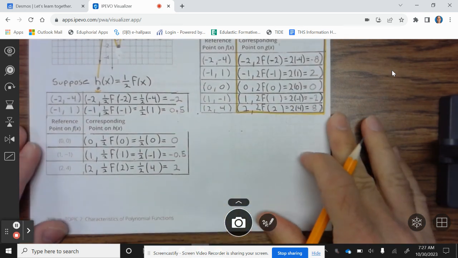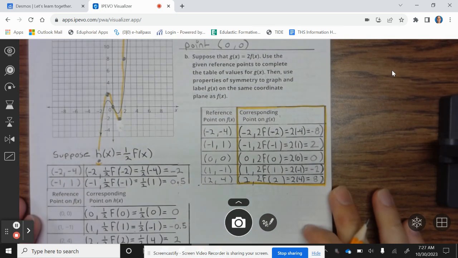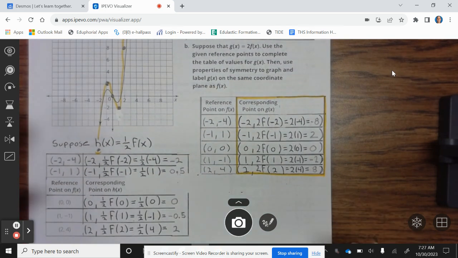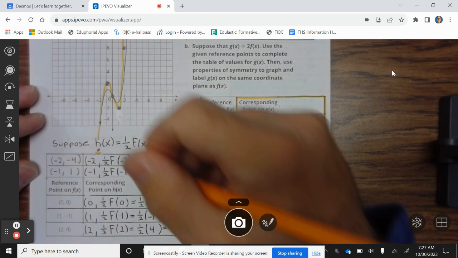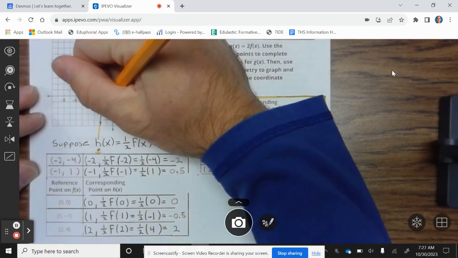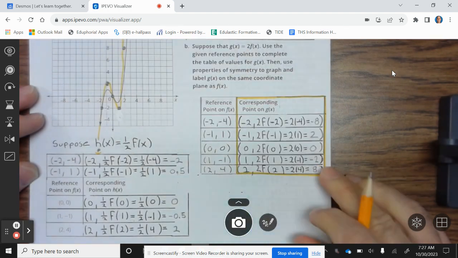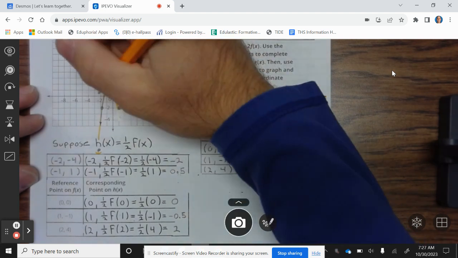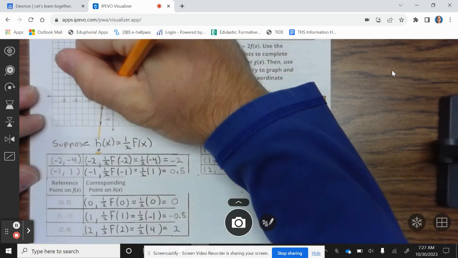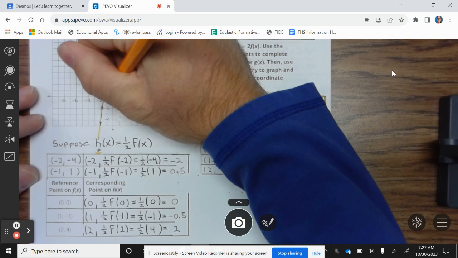All right, let's go ahead and graph those points. So negative 2, which is right here. Negative 1, 0.5 is right here.